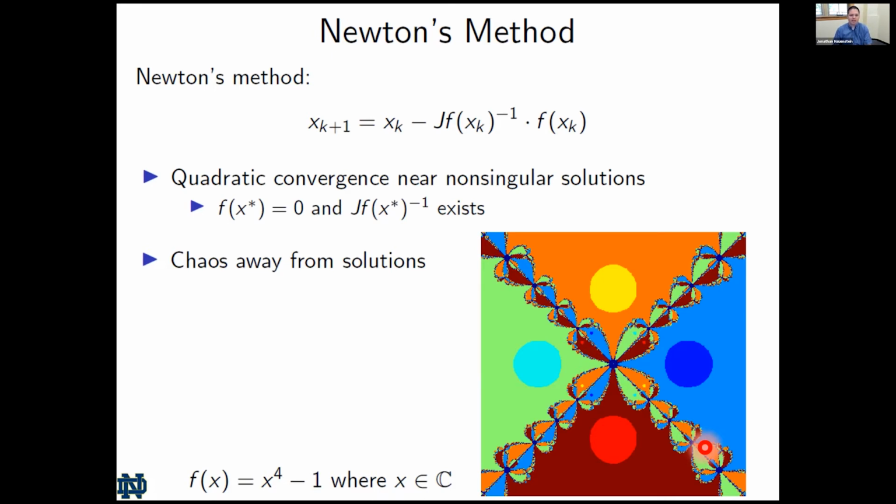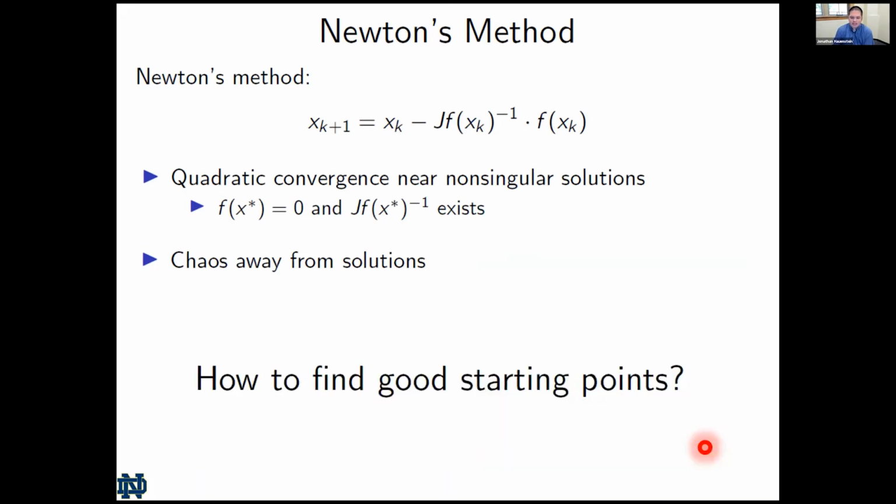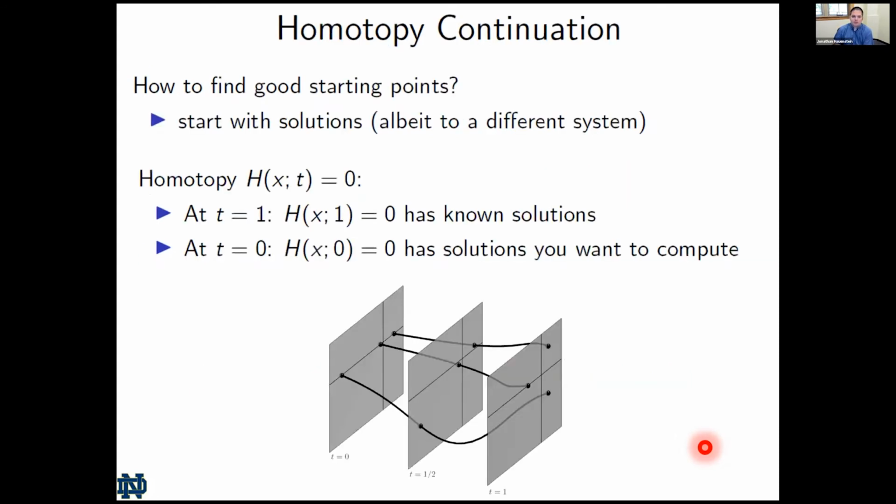So the whole name of the game in Newton's method is how do you find good starting points so that you can converge quadratically to the nearby solutions. The way that we do this in numerical algebraic geometry is we use homotopy continuation. The way you find good starting points is you pick a different system and you start with its solutions.